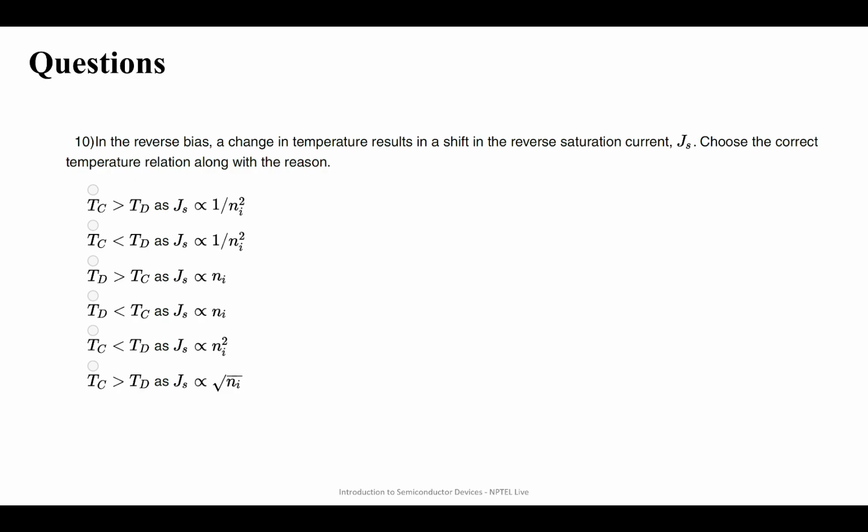Tc less than Td as Js is proportional to 1 by ni square. Td greater than Tc as Js is proportional to ni. Td less than Tc as Js is proportional to ni. Tc less than Td as Js is proportional to ni square. Tc greater than Td as Js is proportional to square root of ni.